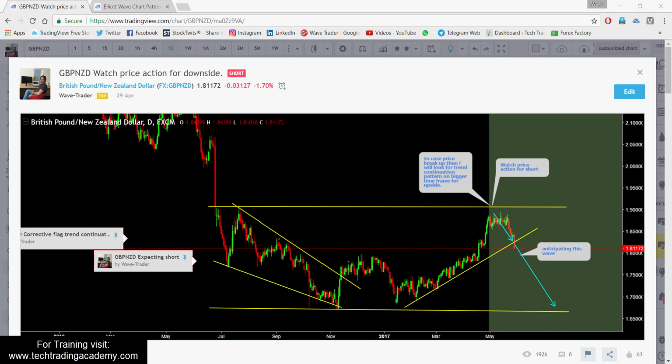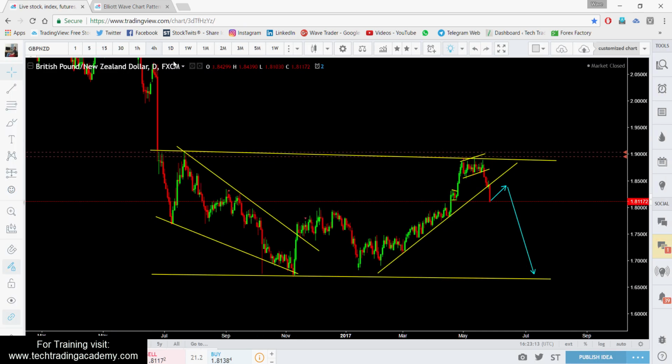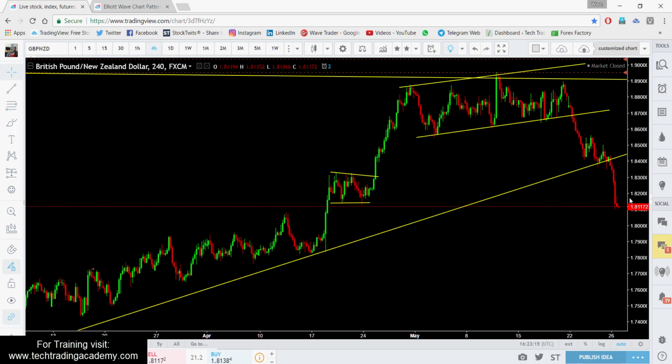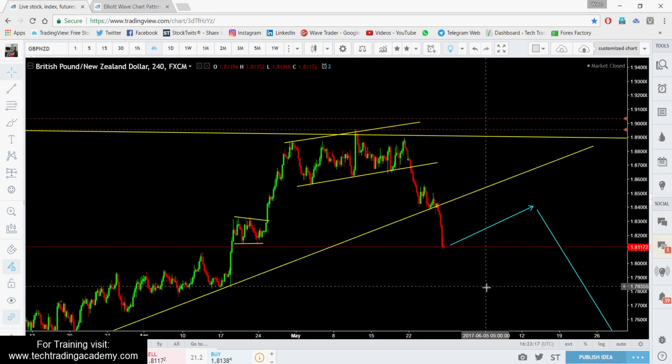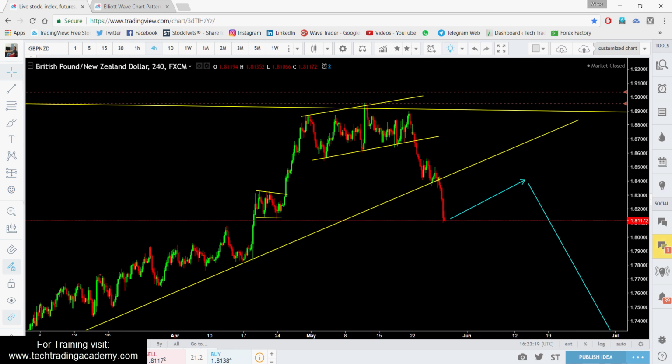Now we are looking for a continuation trade under that trend line, simply under that trend line here at this area. We're going to look for a sell somewhere here, and the whole zone is going to be safe for us to put the stop loss over there. That trade.